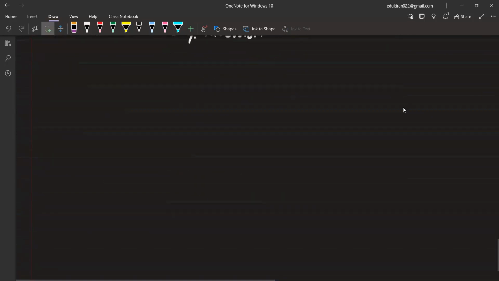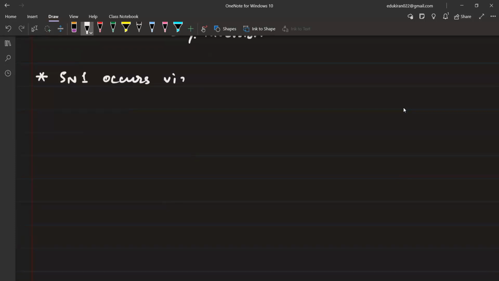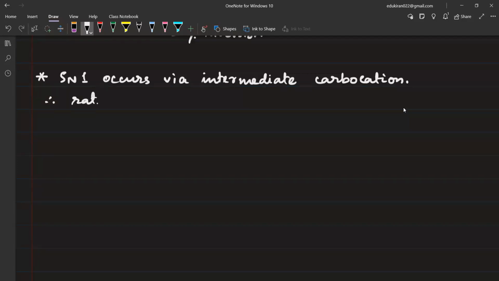If you have written this, then write the next point. SN1 occurs via a carbocation intermediate. Therefore, the rate of SN1 is directly proportional to the stability of the carbocation.